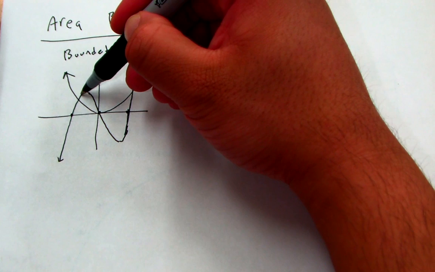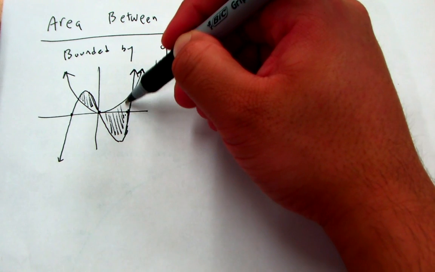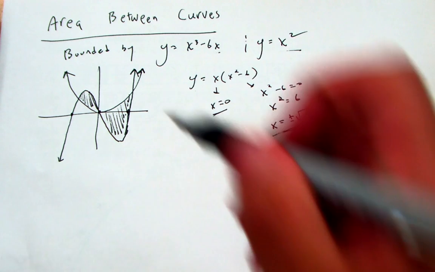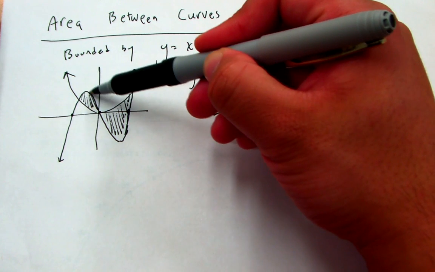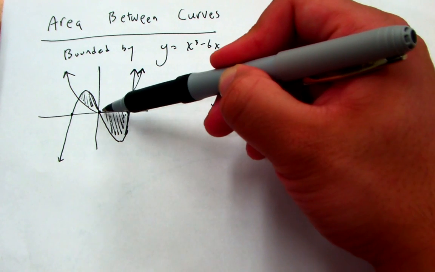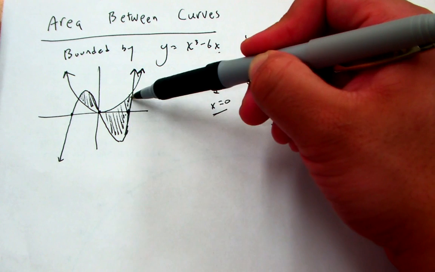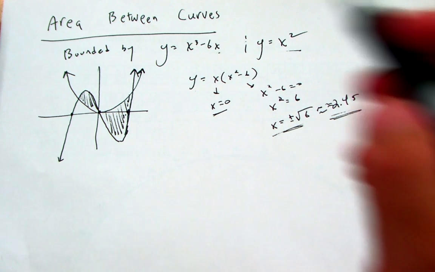So we're looking for this space here and this space here. Well, you'll notice that the boundaries of those two spaces are defined by these curves, but in different ways. For example, in this first smaller region, the cubic function forms the upper boundary, and the parabola forms the lower boundary. And in this larger region, the parabola forms the upper boundary, and the cubic function forms the lower boundary.